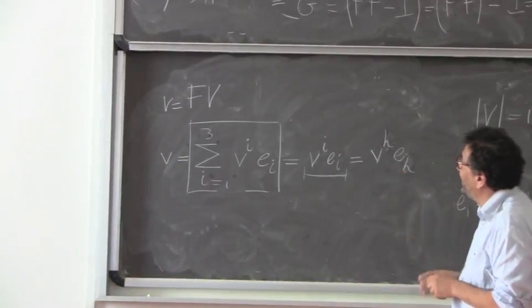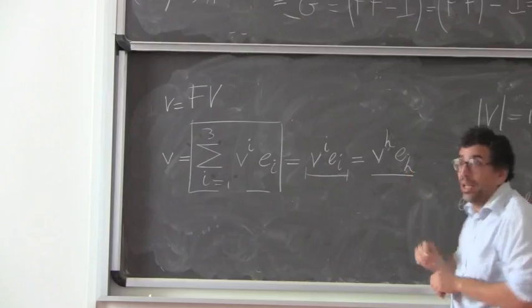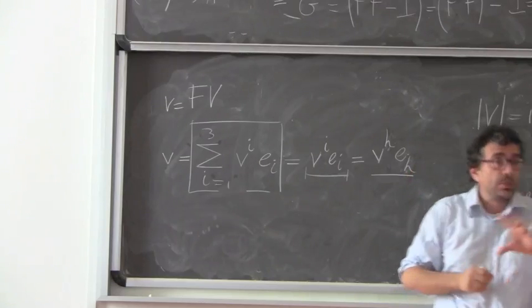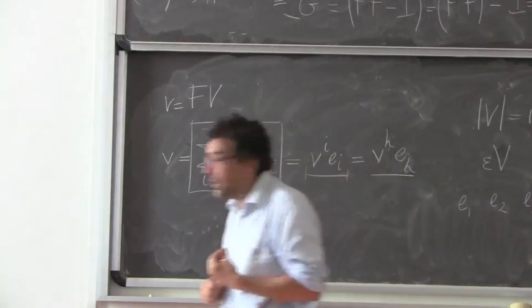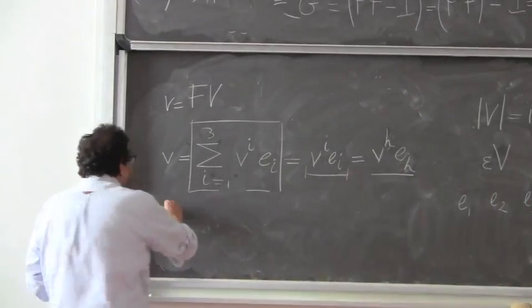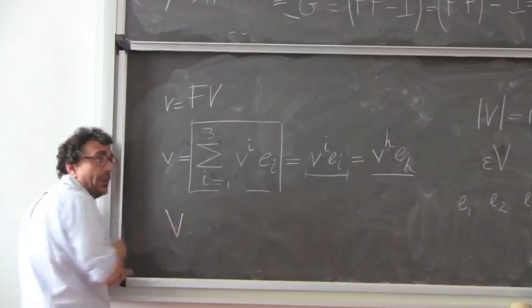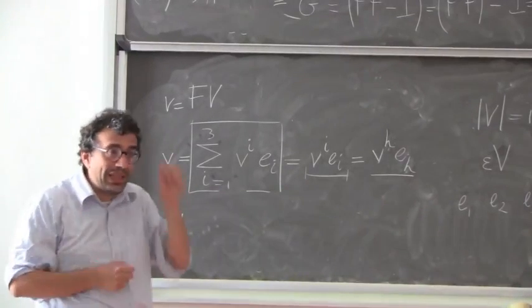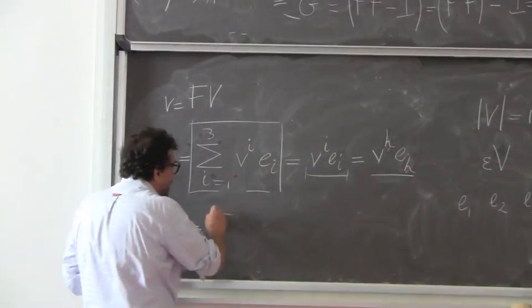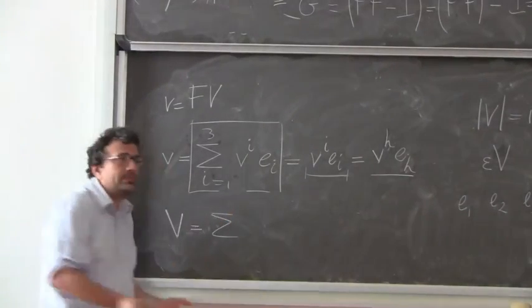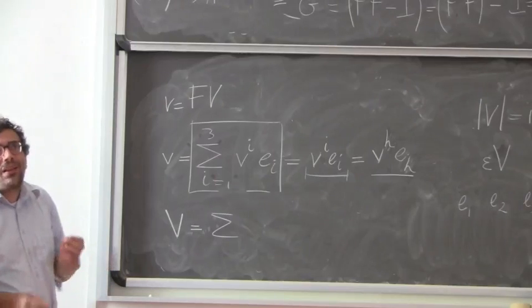And so I have written here the linear combination in terms of a basis of the vector space of displacement. Of course, if I have a capital V vector, then I can write a summation.